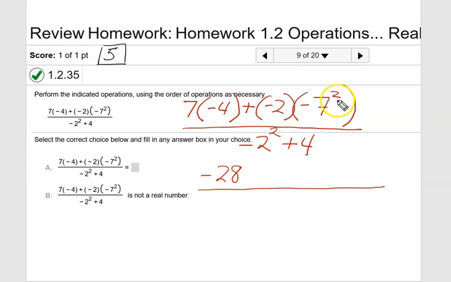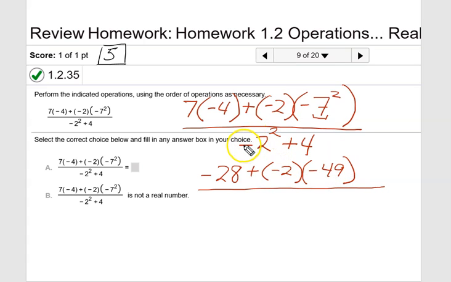Now, we have an exponent here, so we have to do what's there first. So this will be a negative 2. Now, what is being squared here? Negative 7 or just the 7? And the answer is just the 7. So when we square this, this becomes 49, but the negative sign still applies. So a negative 49.